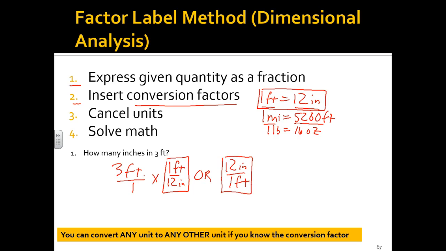So we can do either way, and we can insert as many conversion factors as we want to, because, and this is why, let's think of it this way, if you divide 3 feet by 3 feet, what does that equal? Okay, so you should know from math that any unit over the same unit is going to cancel out. And then anything divided by itself, so 3 divided by 3, is 1. So effectively, 3 feet over 3 feet is 1, okay?